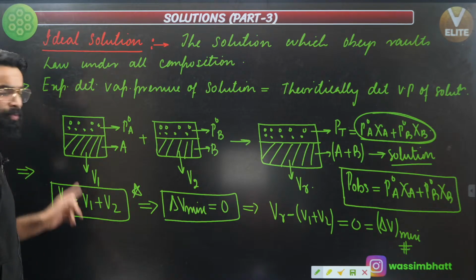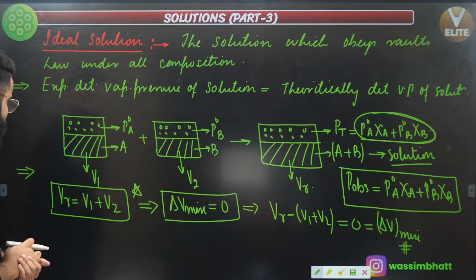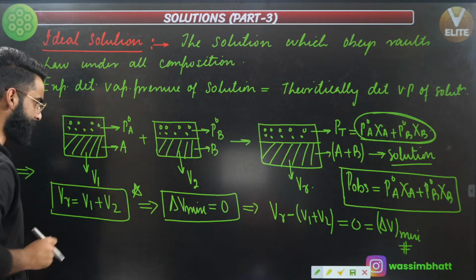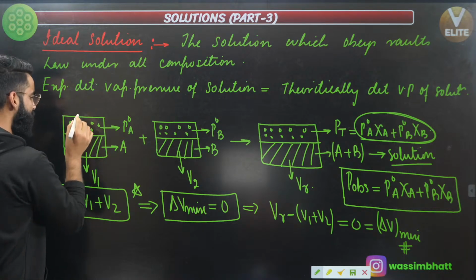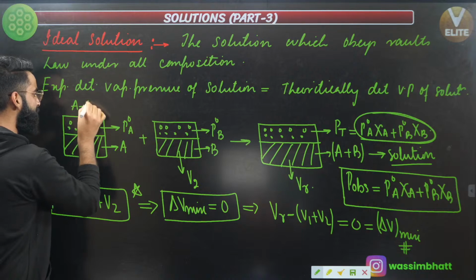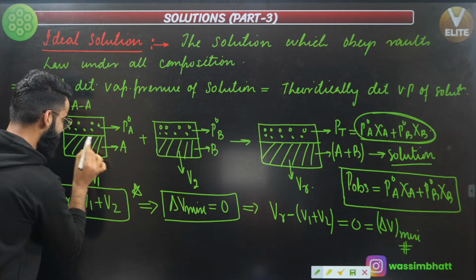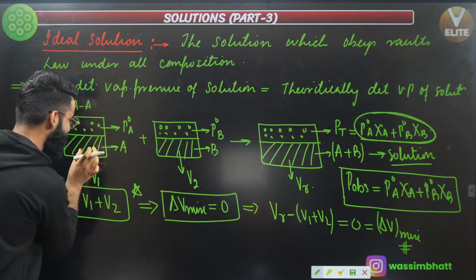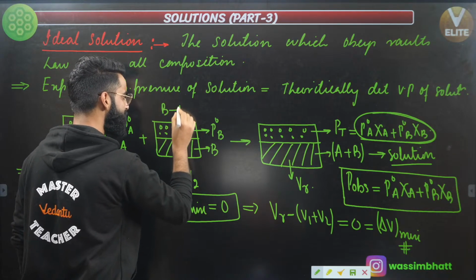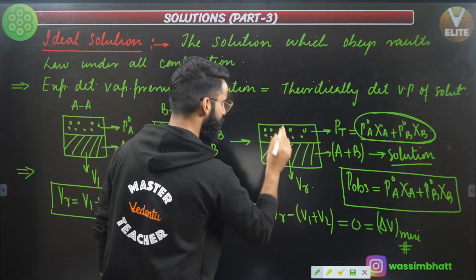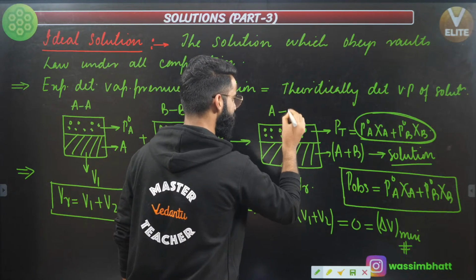Now talking about one more parameter about this ideal solution, understand. See, over here in this liquid A, we have got the interactions between A and A particles. This is the liquid A, which contains AA interactions; this is your liquid B, which contains BB interactions; and this is the solution, which will now contain AB interactions.